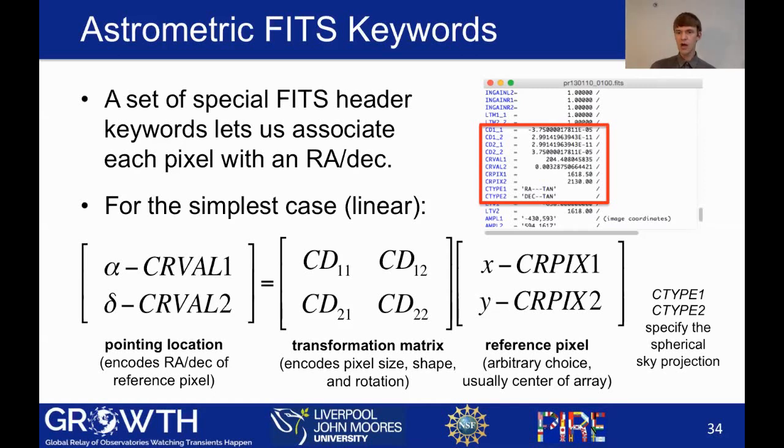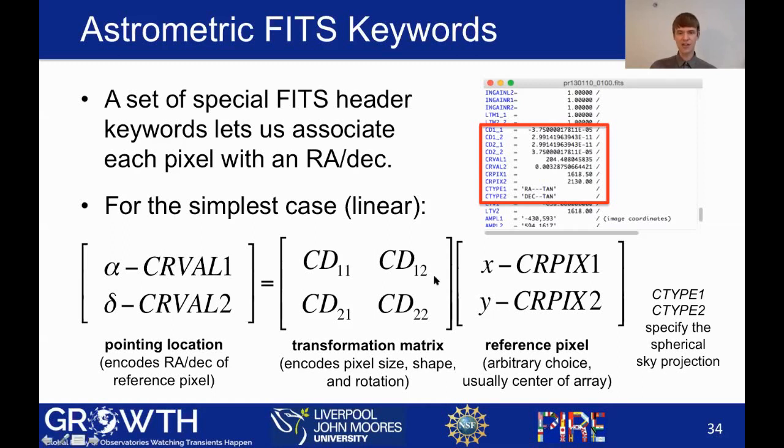There are 2 keywords that describe the reference pixel. These are arbitrary and can be chosen by us, so they're not actually broadly meaningful and don't need to be solved for because we can choose them. Usually we choose values of pixels towards the center of the pixel array.